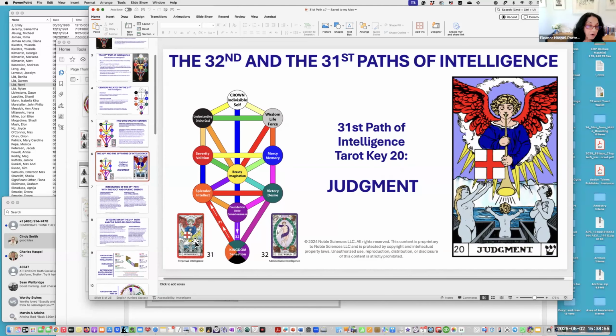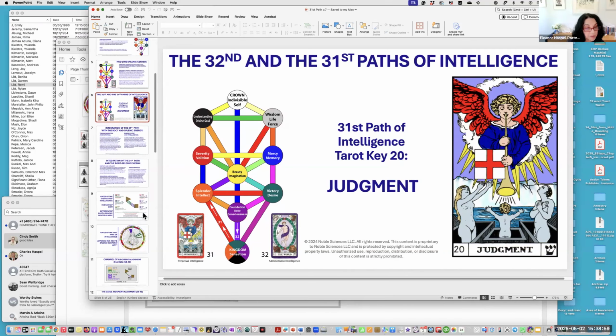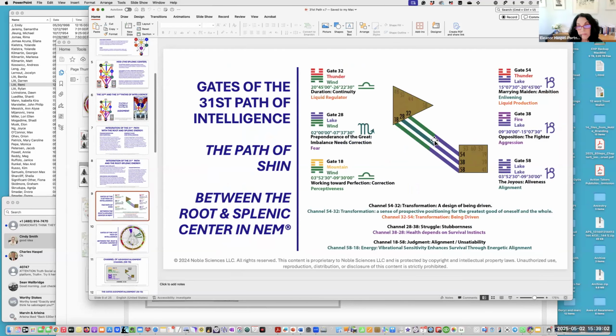So when we are in this 31st path, now when we go from the sacral to the root, and there are 3 channels in the body graph, what's left out? The physical form. So we have mental, spiritual, emotional, but the mental and the biologic have to come through a different route.